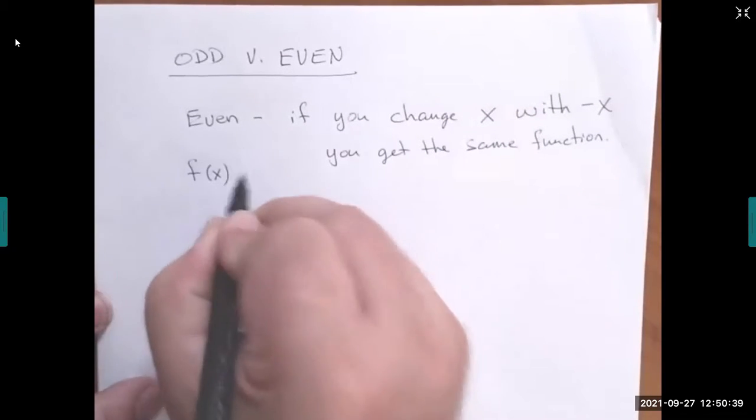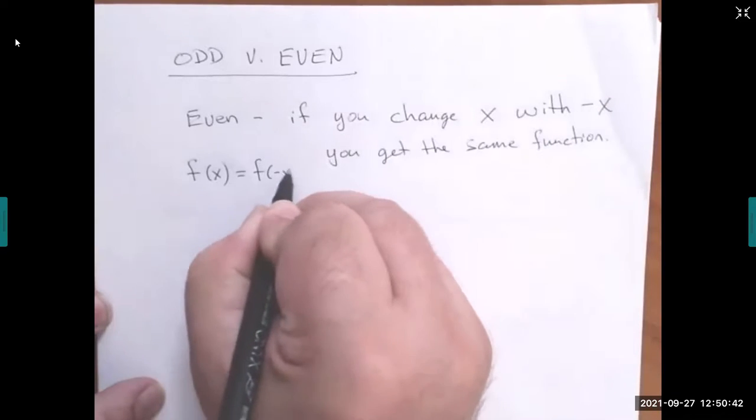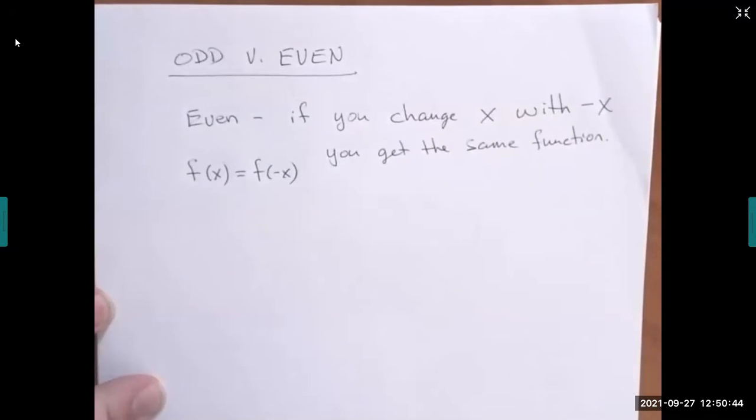So you start off with f of x, and all you do is change x, you get the same thing. That's an even function.